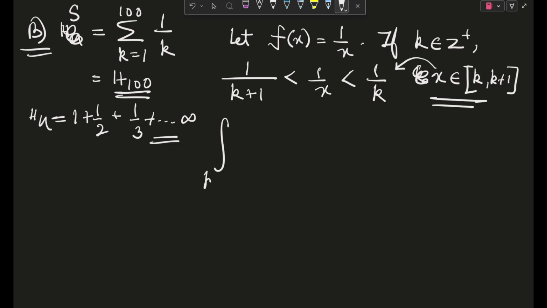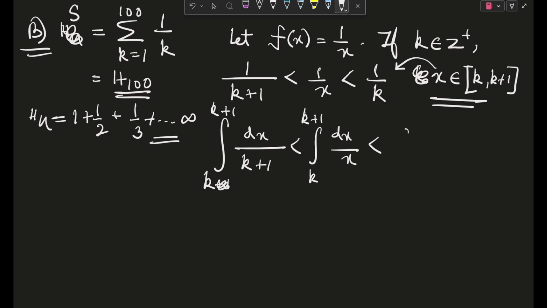So integral k to k plus 1, smaller to bigger value, dx by k plus 1 is less than integral k to k plus 1 dx by x, is less than integral k to k plus 1 dx by k.